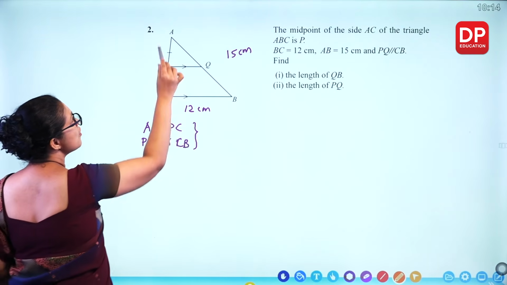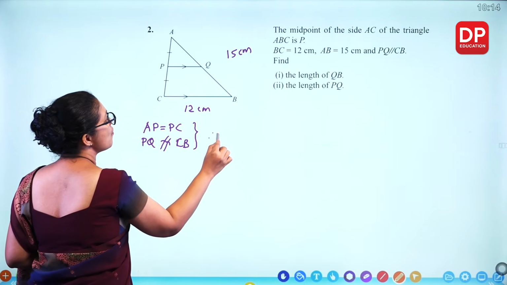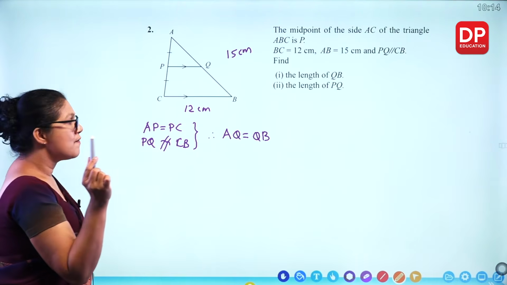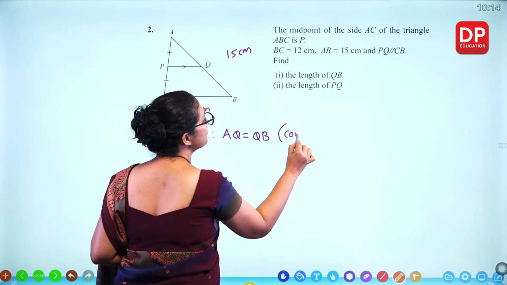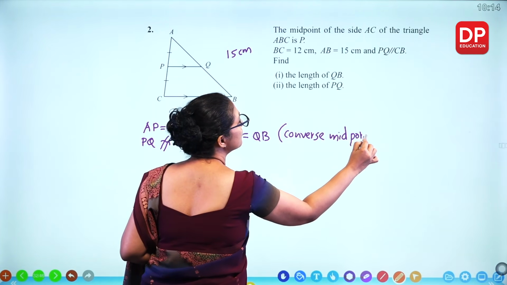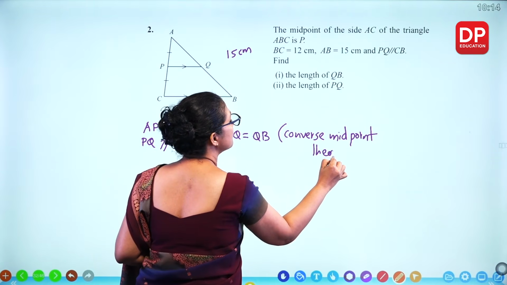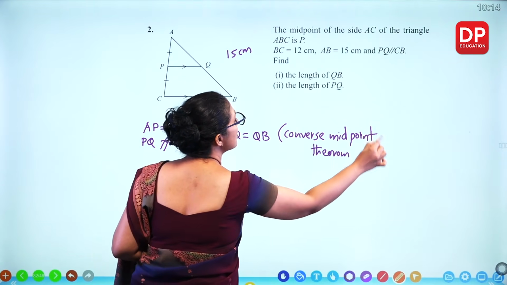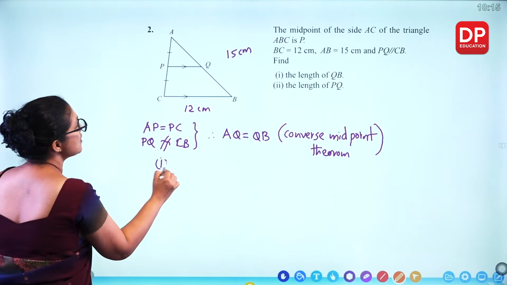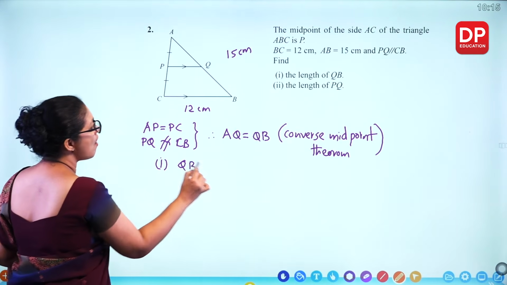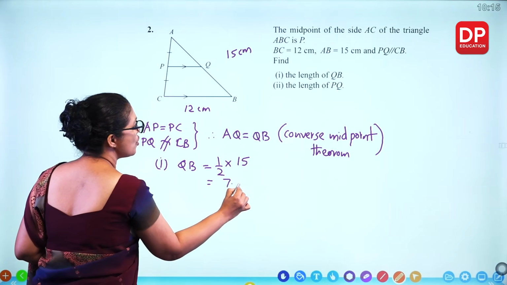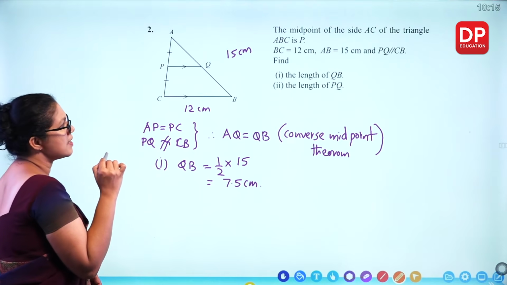Therefore, we can say AQ is equal to QB according to the converse midpoint theorem. Then we know these two are equal, so QB equals half of 15. 15 divided by 2, you get 7.5 centimeters.